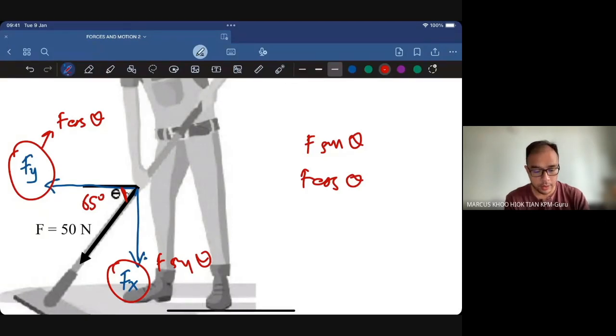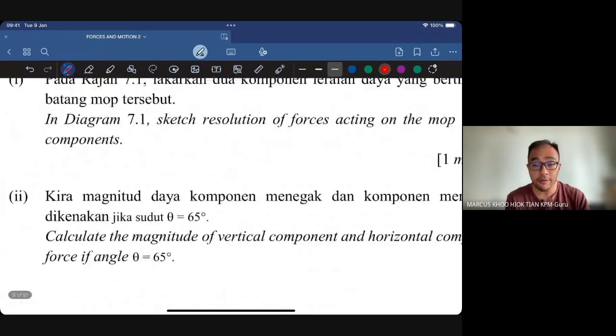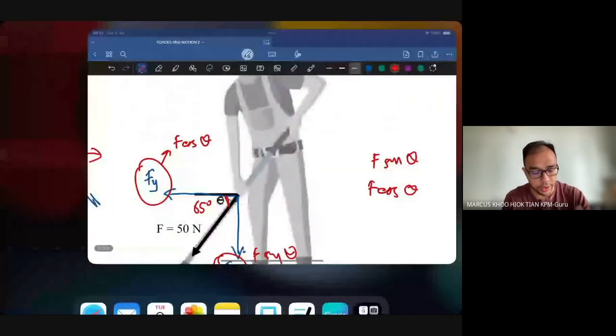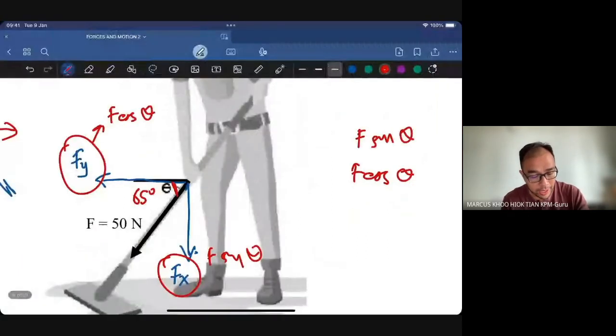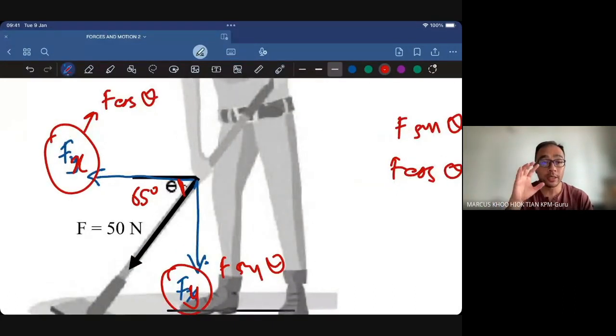Sorry, let me just double check this again. If the angle of theta is 65 degrees. Oh, sorry, I made a mistake. This should be Fx. This is Fy. Sorry. So X is horizontal. Sorry, my bad. So the horizontal component is cos because the angle is touching the horizontal component.